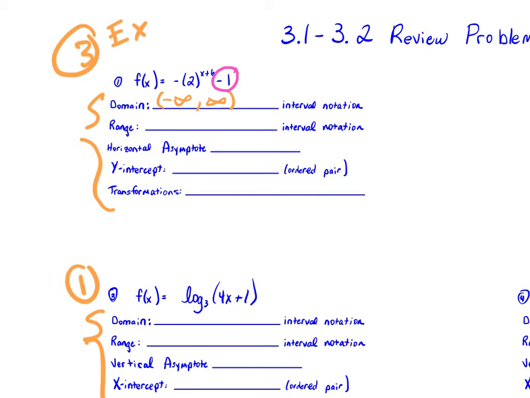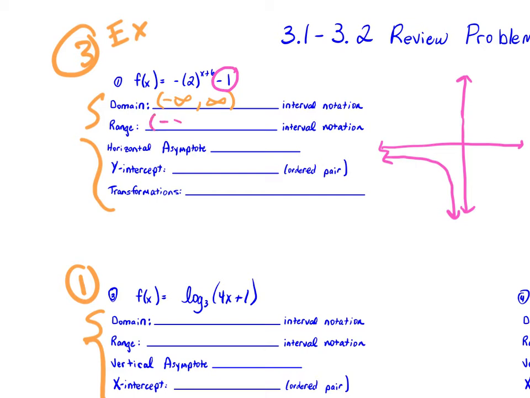For this one, our graph, what did we say it looked like yesterday when we plugged in numbers? So what would our range be here?